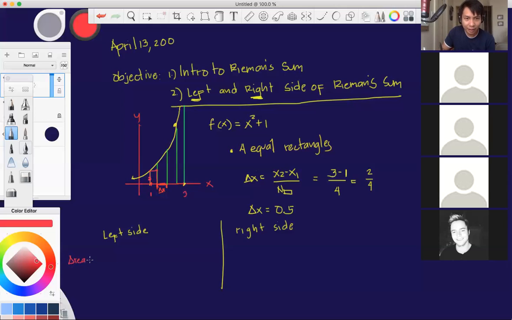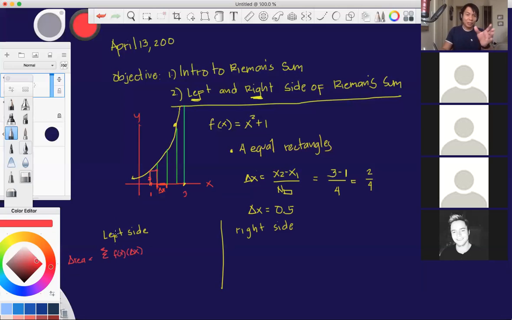The area underneath the curve, if you guys were able to remember last week, that would just be equal to the summation of your f of x multiplied by your delta x.